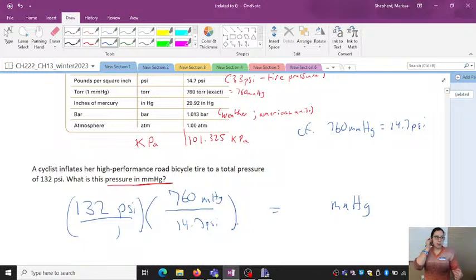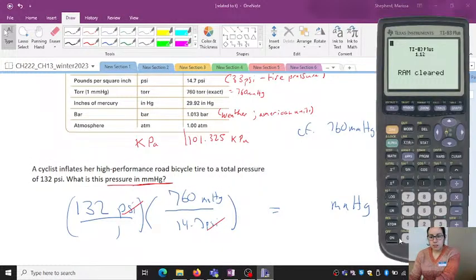So again, don't forget your dimensional analysis skills from first quarter. So now PSI cancels, and that leaves us with millimeters of mercury or torr on top. So let's see what our calculator gives us. So 132, and of course, double check my math that I don't enter something in wrong.